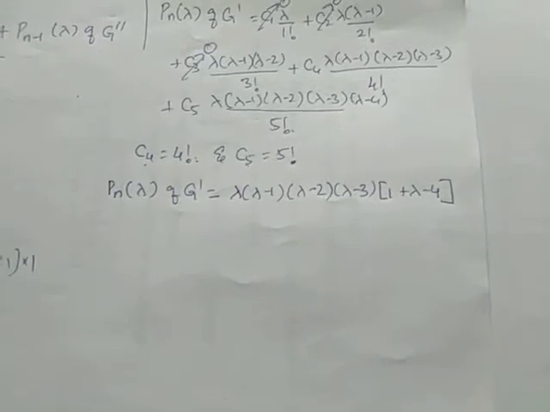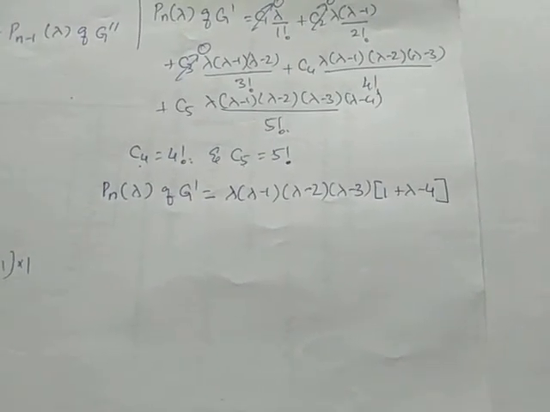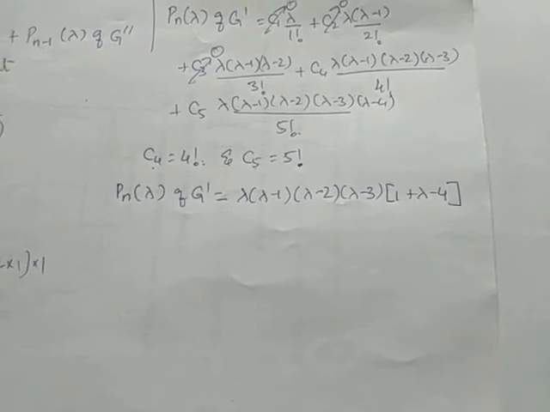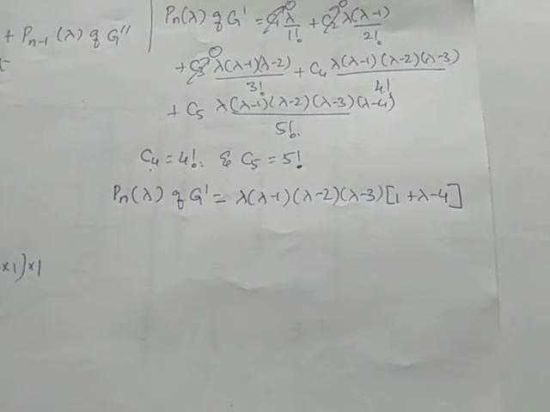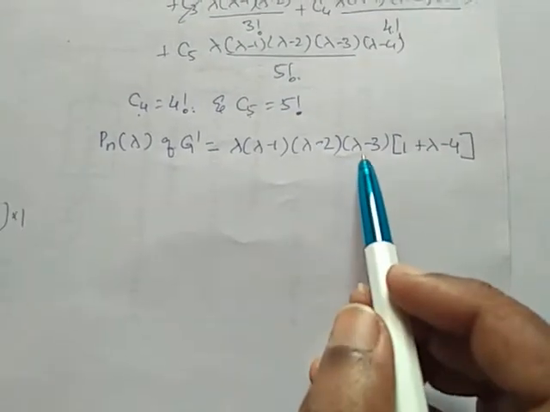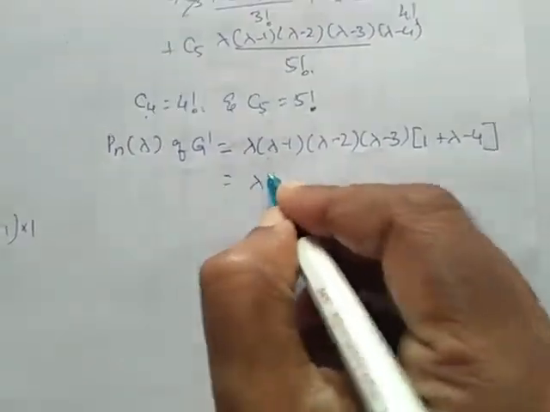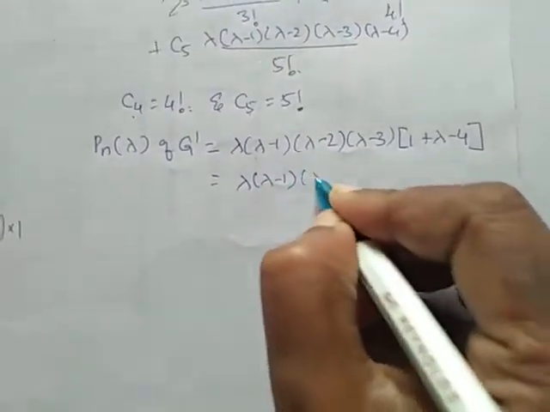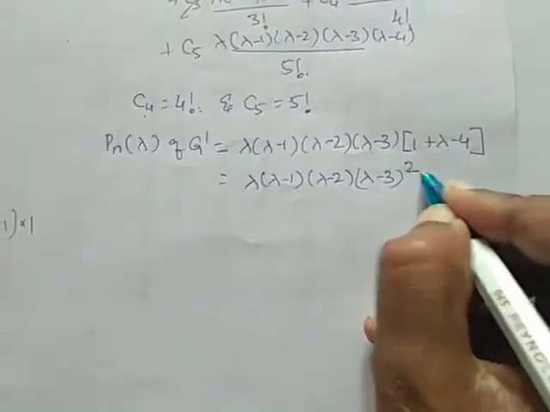Also I have told in previous case, whenever we have lambda minus 1, lambda minus 2, lambda minus 3, it's understood that we cannot color the graph properly using one color or two color or 3 colors. So we are having lambda, lambda minus 1, lambda minus 2, lambda minus 3 whole square.